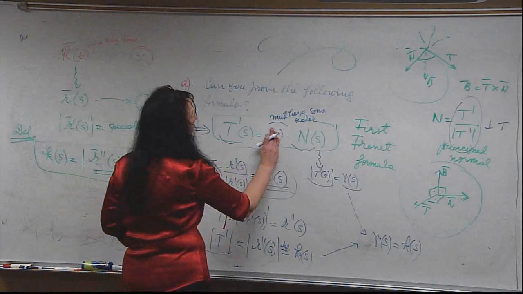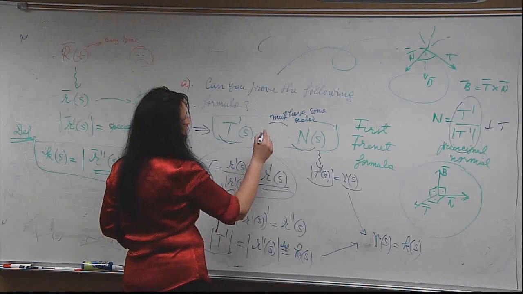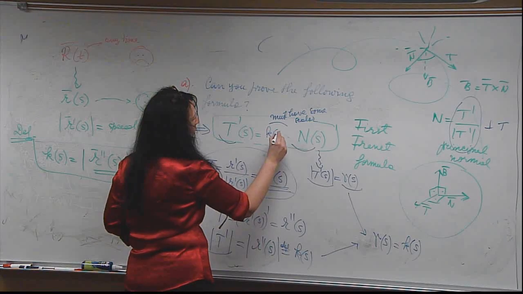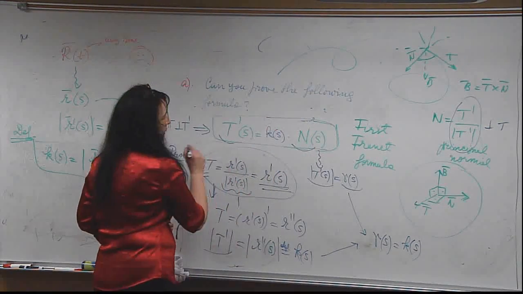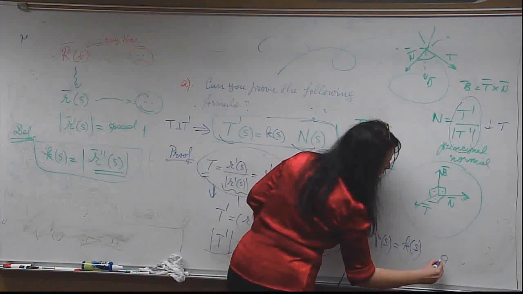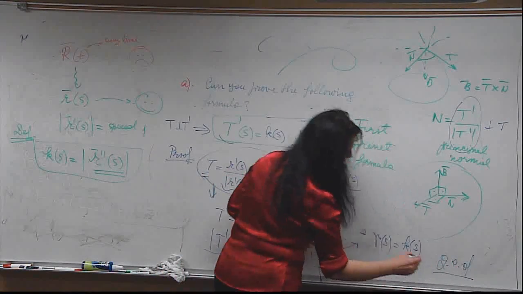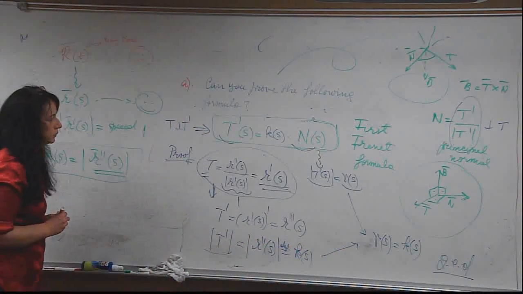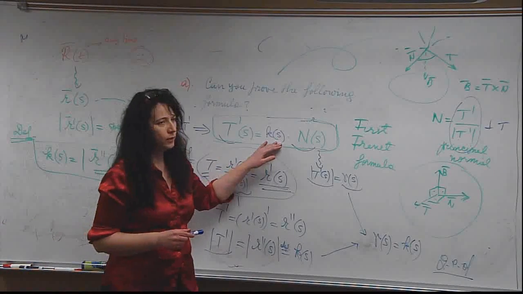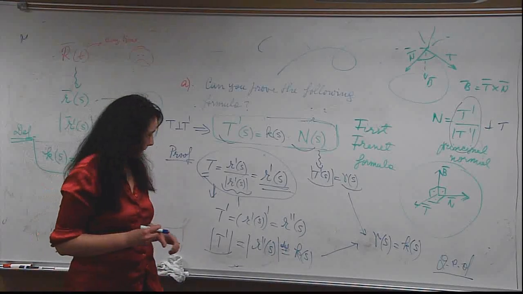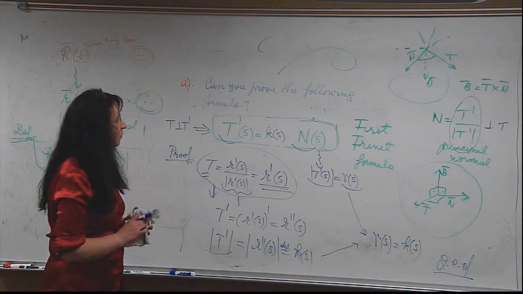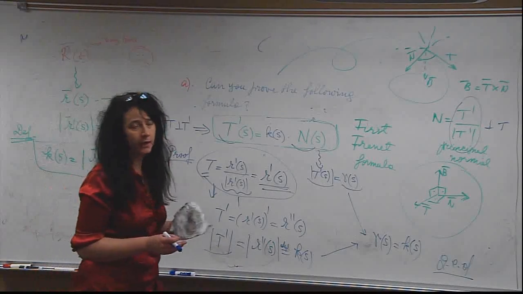Because this is what we wanted: to replace this generic scalar function and prove that it is just the curvature. QED. That's exactly what we wanted to prove. Whatever scalar function you have here, that must be the curvature. Very smart guy, this Mr. Frenet.